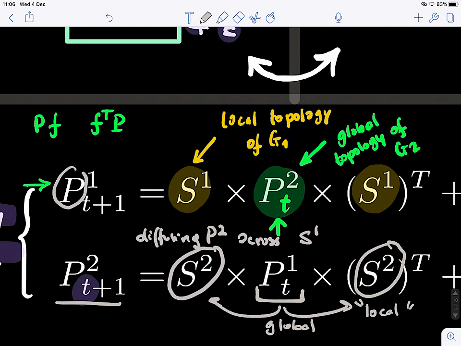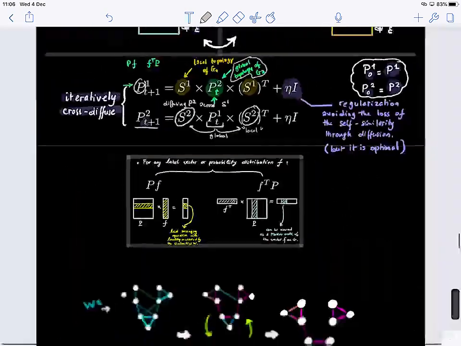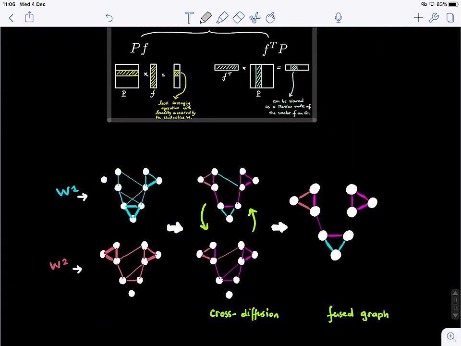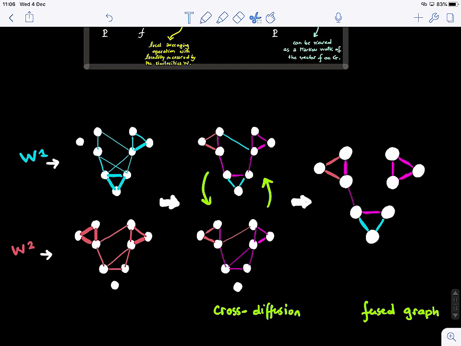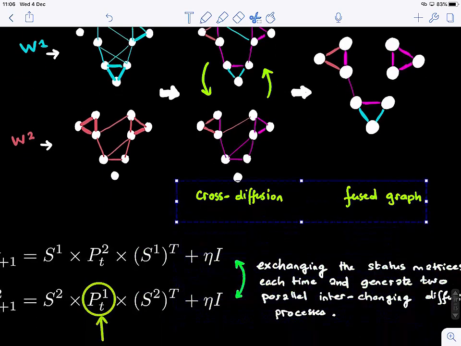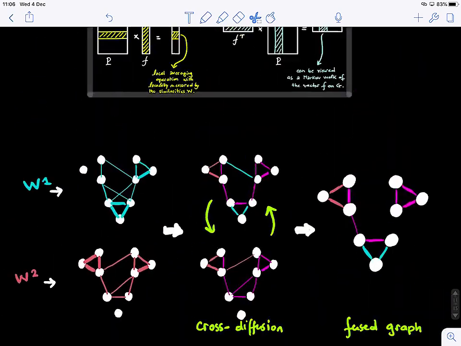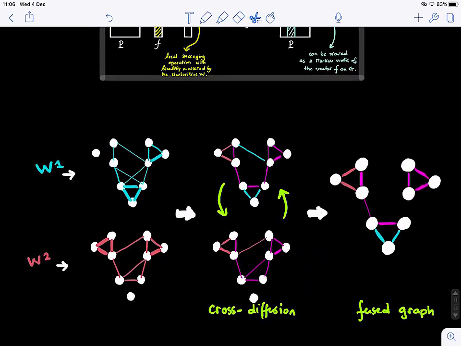What does this mean? Basically, you have the topology of your graph. So let's look at this example. This is maybe a better example here. We have two different input graphs, right? You can see they have different topologies from these pictures, the blue one and the red one.